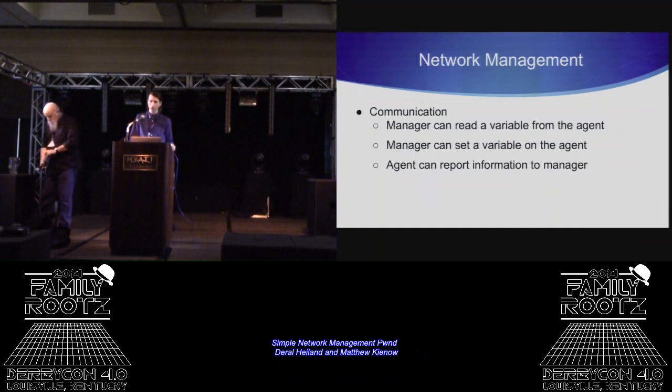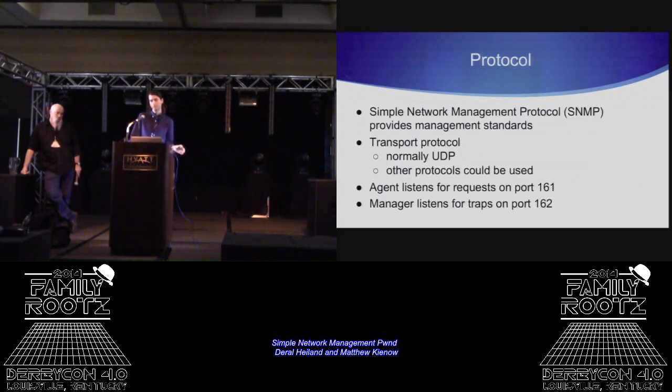Now, what does communication look like between the manager and the agent? Well, the manager can read or update the value of variables, and the agent reports information back to the manager. Simplifying that communication, we form a protocol, and this allows devices from a diverse collection of vendors to communicate with each other.